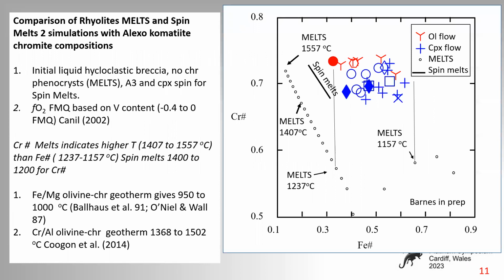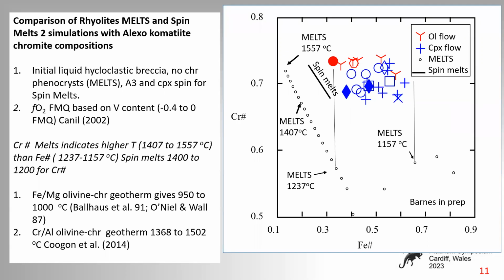Typo. Right. So this is a plot of chrome number versus iron number, a classic chromite plot that people do all the time. And what I've got here are the compositions of the chromites from the olivine spinifex flow in red, and the different textures are different symbols. Don't worry about that too much.